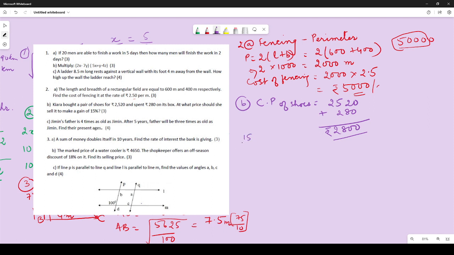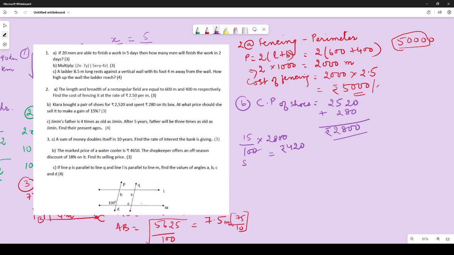Now 15% of this CP is what? 15% of CP is 15 into 28. When you calculate, what is 15 into 28? Multiply it fast and tell me what is 15 into 28. Quickly, quickly. No one is going ahead with that. 15 into 28 is rupees 420, right?